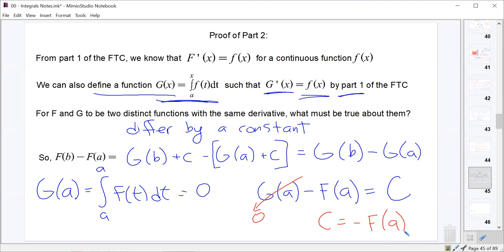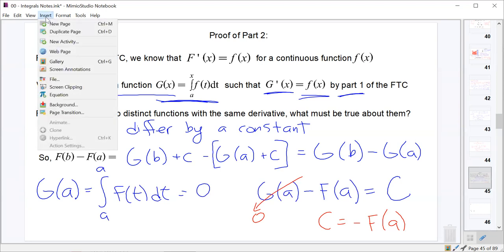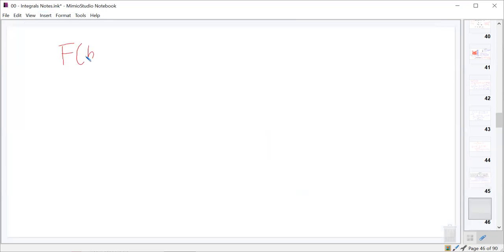And following along with that, if g of a is 0, that should tell us that since f of b minus f of a was equal to g of b minus g of a, capital F of b minus capital F of a is equal to g of b.